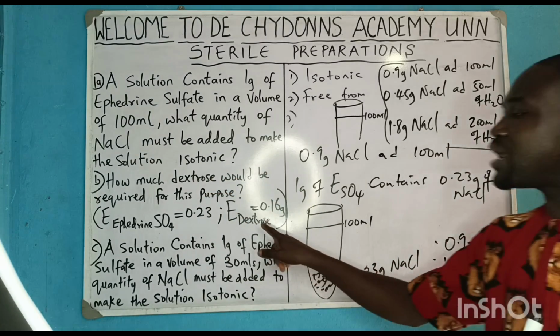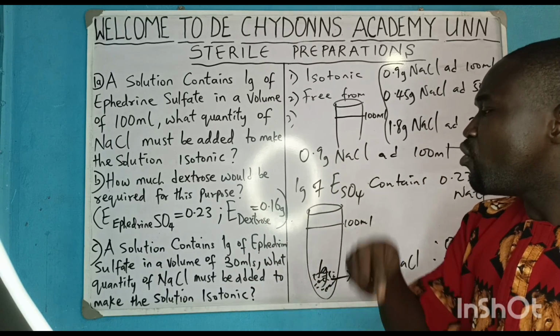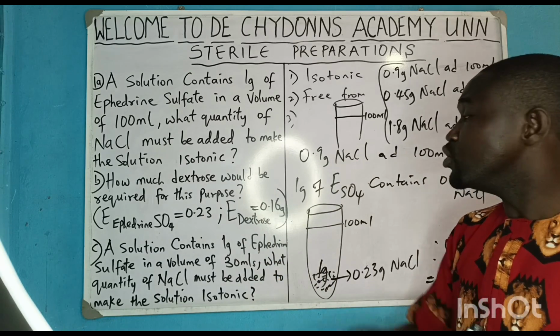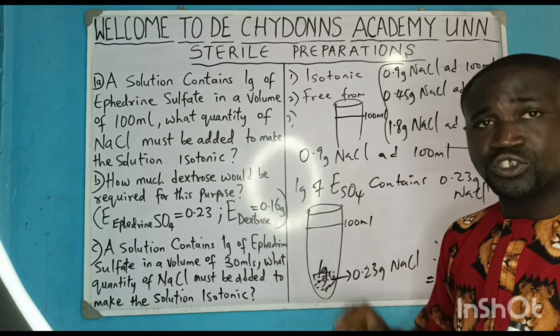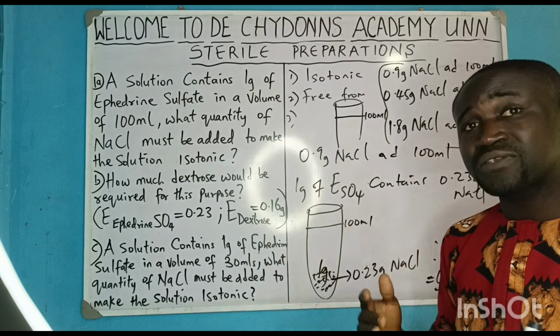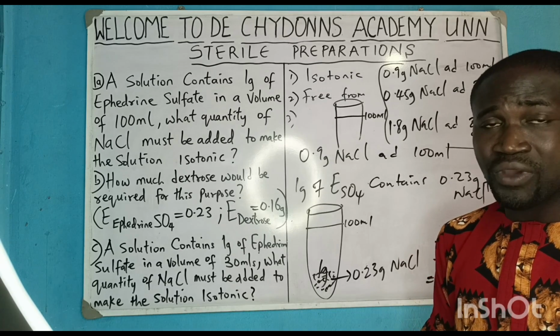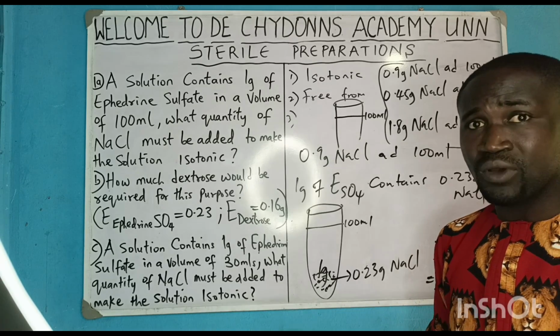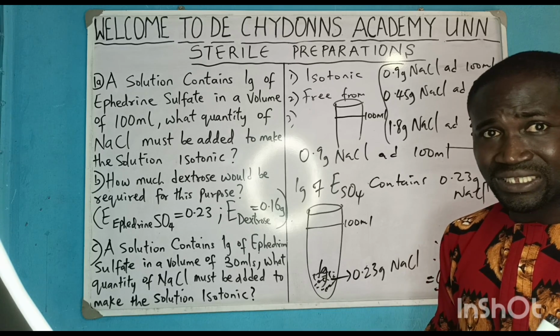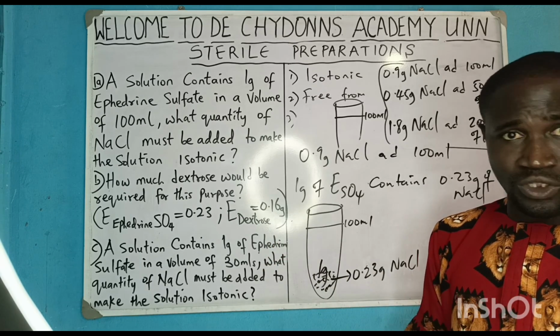Now, if I'm laying hand on dextrose, I must still have it in mind that I must check the sodium chloride equivalent of dextrose. Sodium chloride equivalent of dextrose is this. That is from Pharmcodex, or from our pharmacopoeias. It is a book. Every pharmacist must have it. It's like our dictionary, so to speak.